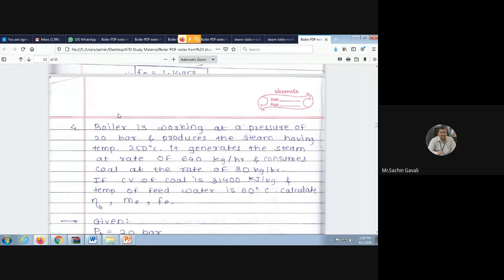The numerical may be asked for 4 to 5 marks, and has appeared, I think, 2 to 3 times.